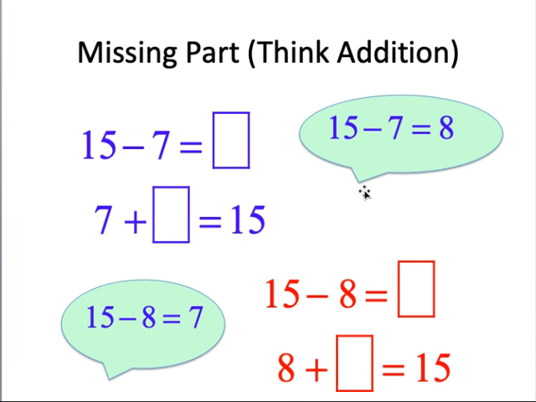It must be 8. 15 minus 7 is 8 because 7 and 8 add up to 15. Another quick problem. To solve 15 minus 8, you think of the addition problem. What would I have to add to 8 in order to get 15? The answer would be 7. Because 7 and 8 are 15, I know that fact. So I know the fact 15 minus 8 equals 7.